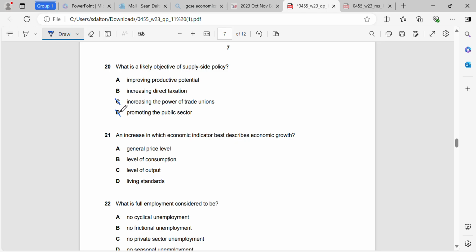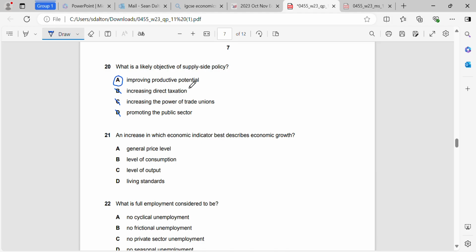Increasing the power of trade unions, that is again the opposite of what we try and do. Trade union reforms are built around decreasing their power. Increasing direct taxation, no. So tax can be a supply side and a fiscal policy, but in this case that would not help us to increase our aggregate supply.